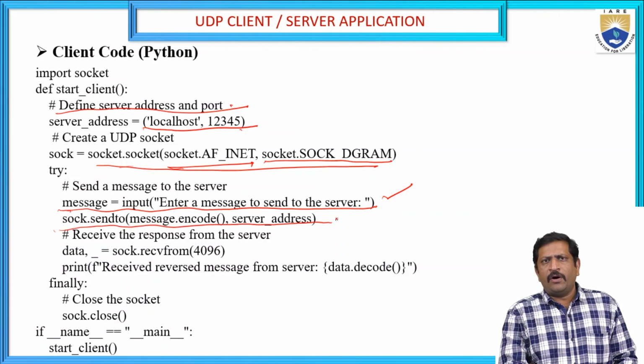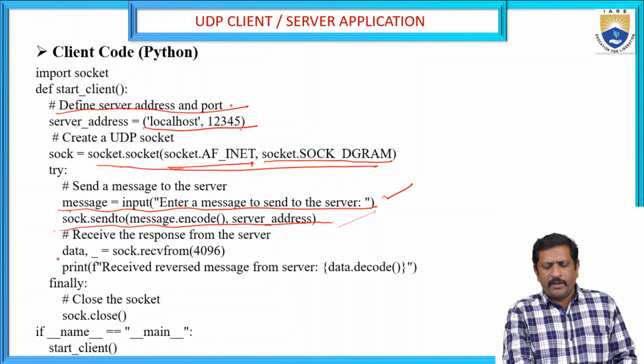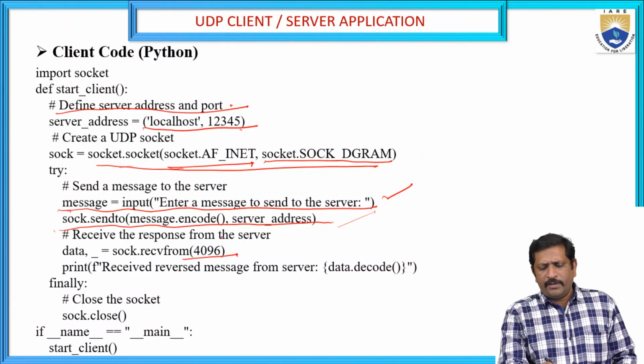After that, sending the message encoded. While sending the message from the client to the server, we have to encode the message. We encode because we have to transfer the data securely. Then data, address equals socket.recvfrom, which means the reply is received from this port number.